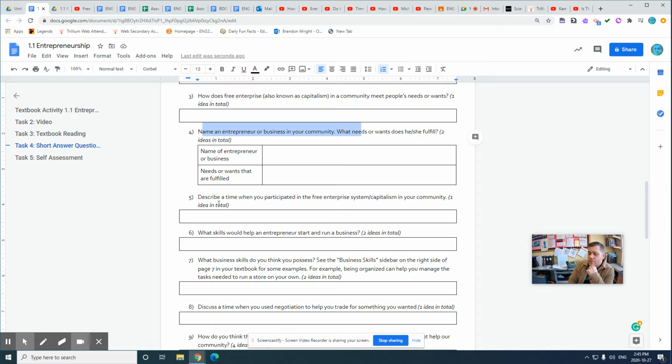Whenever you go and buy something from a store, you're part of the free enterprise system. When you sell something you no longer need to someone else on Facebook Marketplace, that is free enterprise. Free enterprises, as long as you have the resources, you are allowed to buy it. There is no law stopping you from buying, say, a new pair of shoes or selling an old pair of shoes.